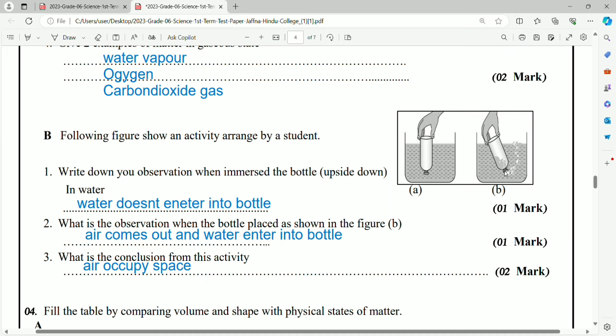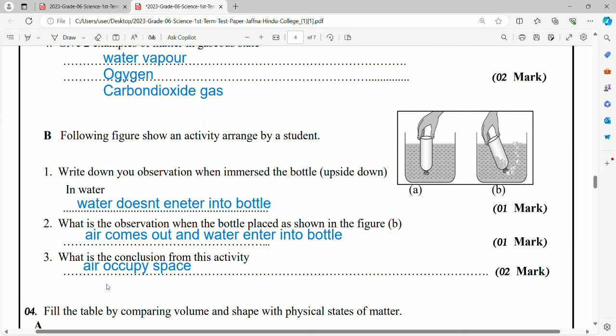Here the bottle is tilted. When we tilt the bottle, air comes out of the bottle and water goes into the bottle. So the observation is: air comes out and water enters into the bottle.